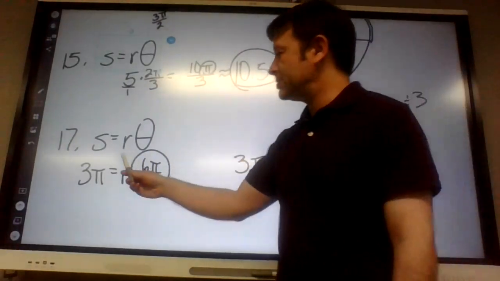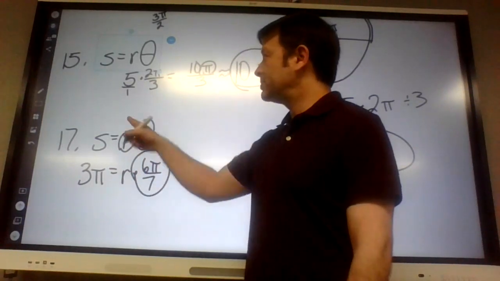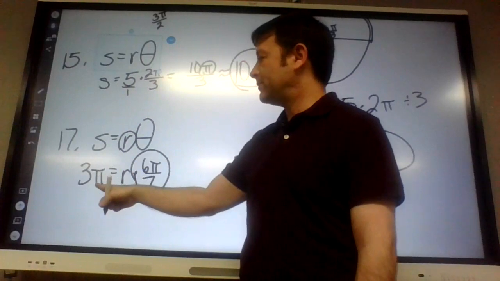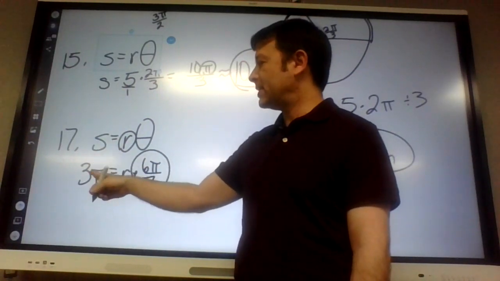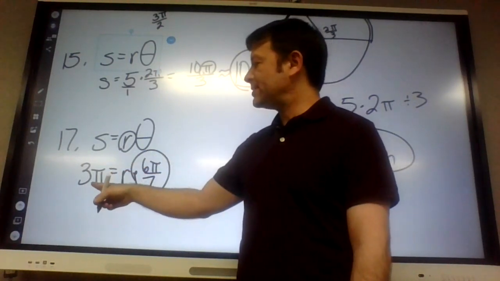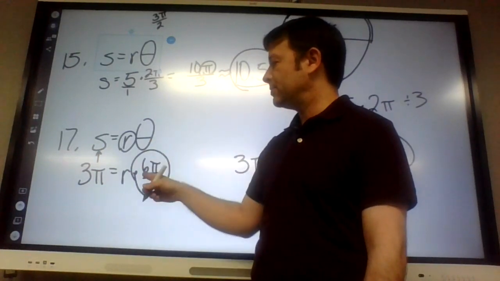Okay, because the variable is right here on this one, instead of over here by itself. This one said S equals. They gave us different values. They gave us the S value, which is this one over here by itself, and the theta value.